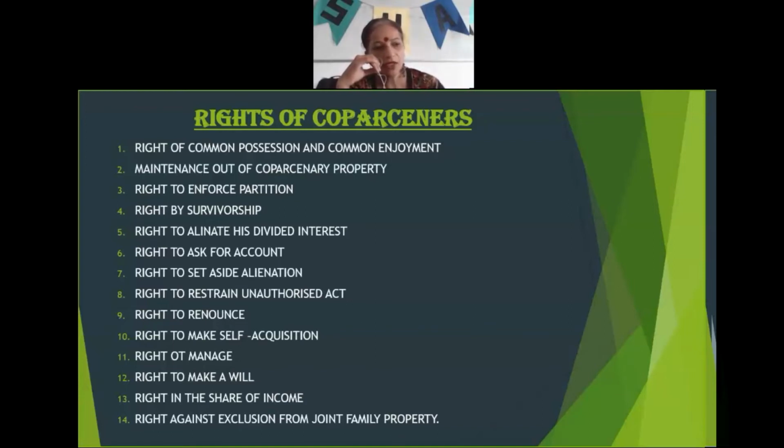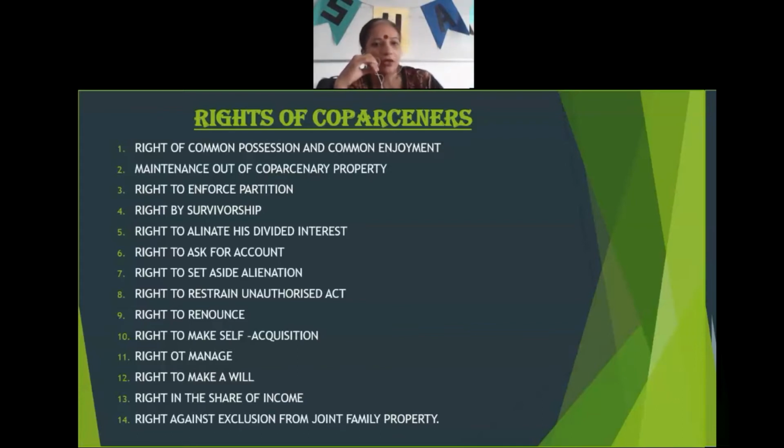But if he wants to take sannyas or become a saint, he can renounce. Even if not becoming a saint, if he does not want his share, he has a right to renounce his particular share. So it is a right of the coparcener to renounce a right in the property.